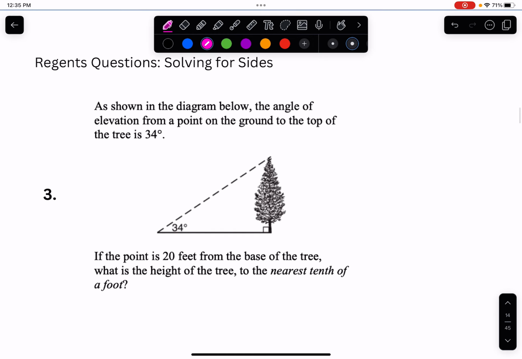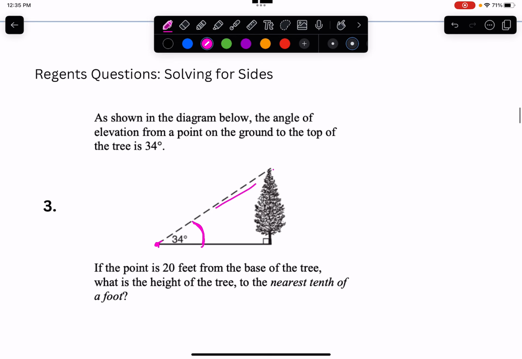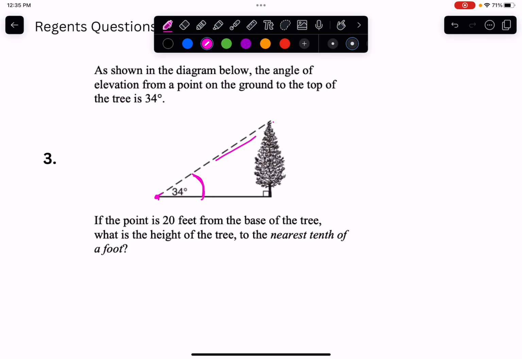As shown in the diagram below, the angle of elevation from a point on the ground to the top of a tree is 34 degrees, if the point is 20 feet from the base of the tree.